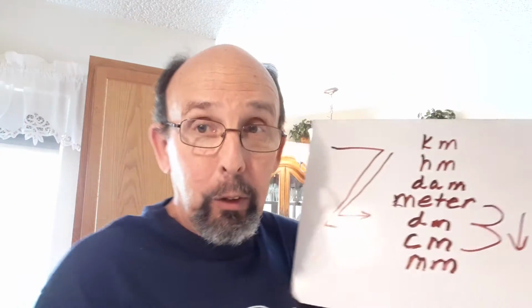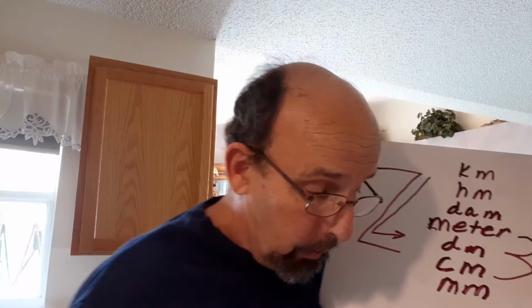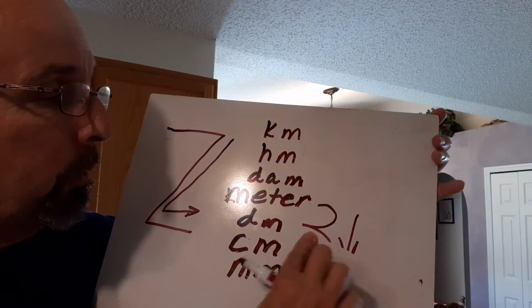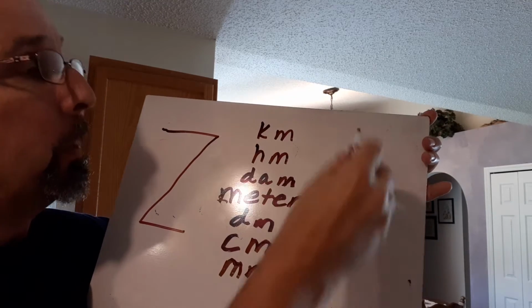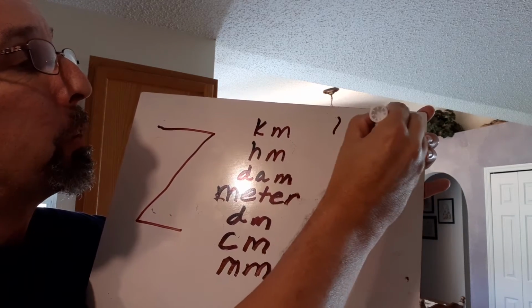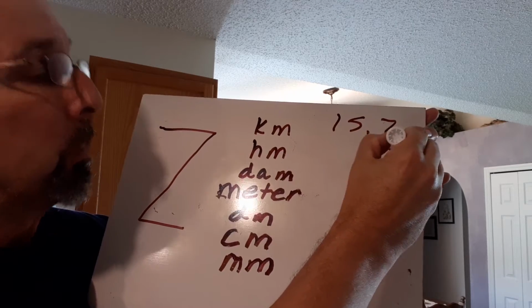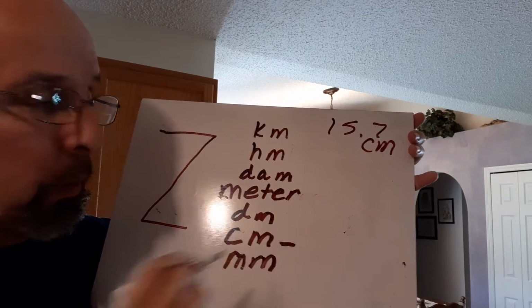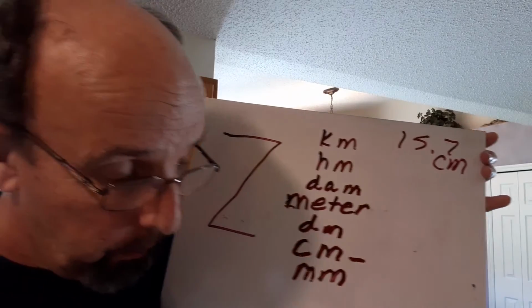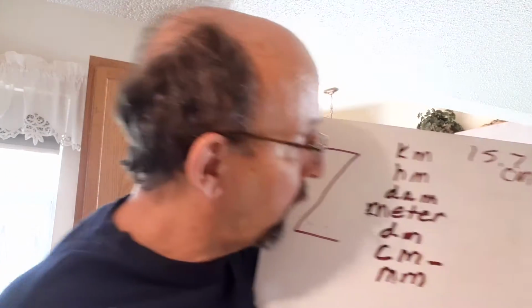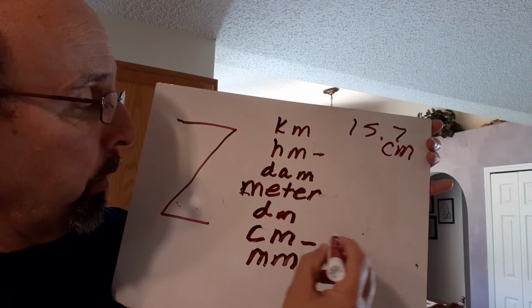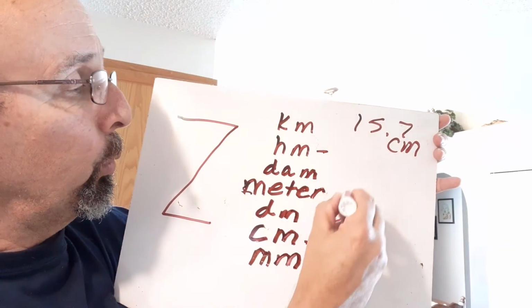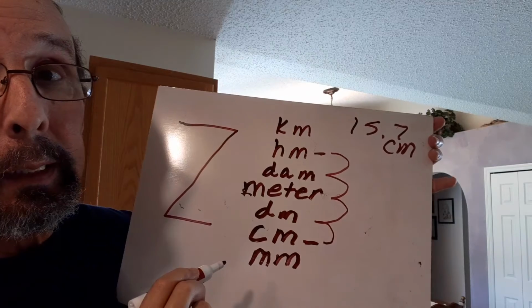All right. Take a look at the next page. You have 15.7 centimeters. Let's erase this. So we're starting here, right? And we want to go up here to hectometers. So we're going 1, 2, 3, 4 places.